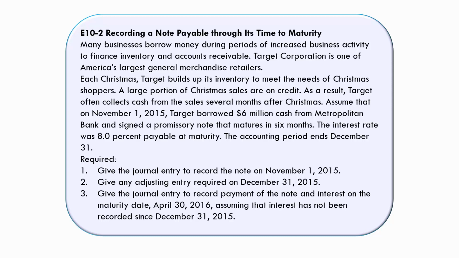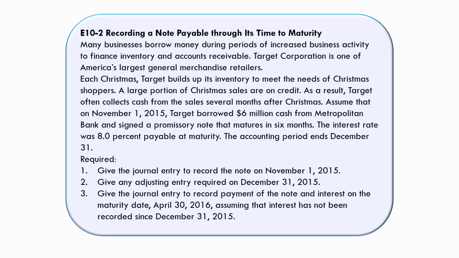So oftentimes the company will not only use accounts payable for credit, they'll also go out and take a promissory note to pay off the accounts payable, because accounts payable usually has a high interest rate if it's not paid on time. In this case, Target went out on November 1st, when the accounts payable became due.